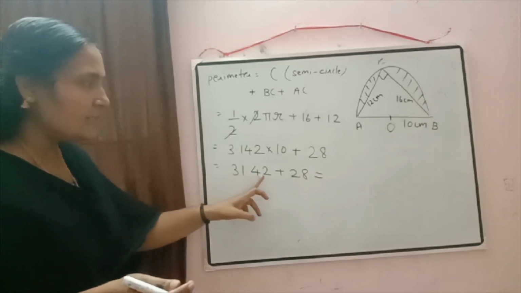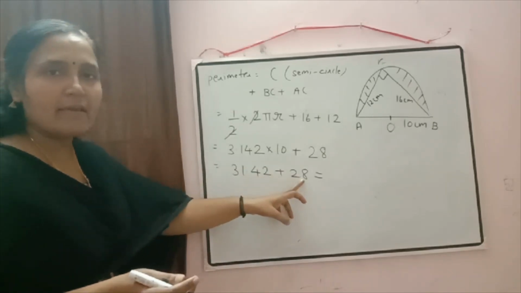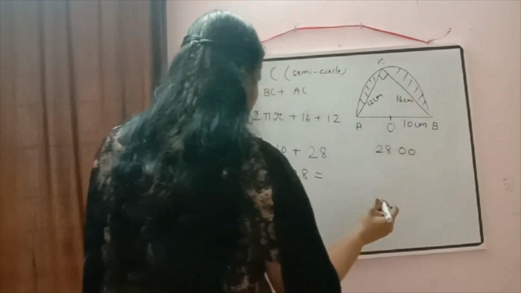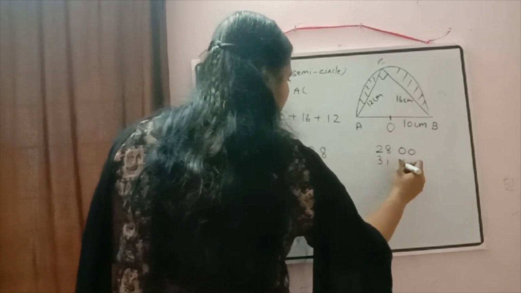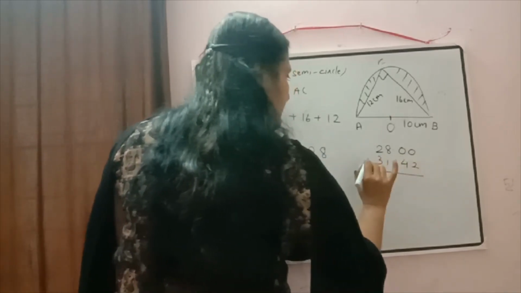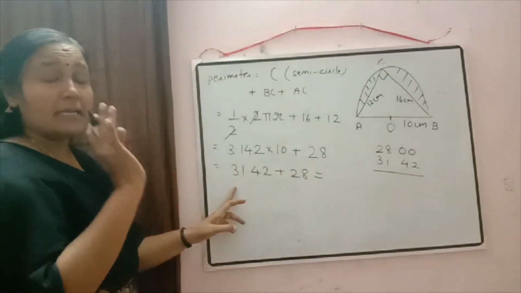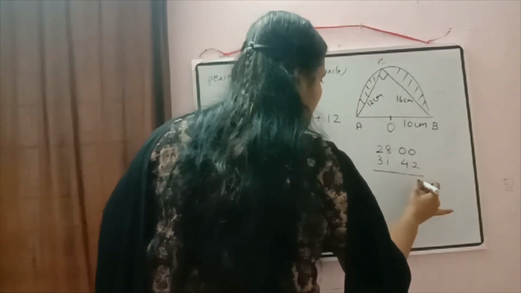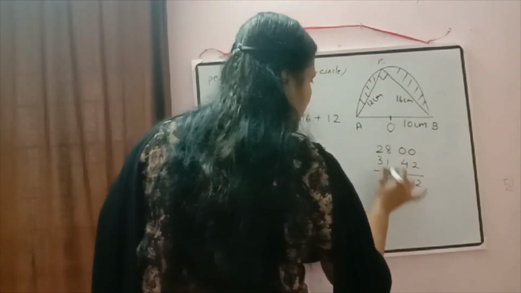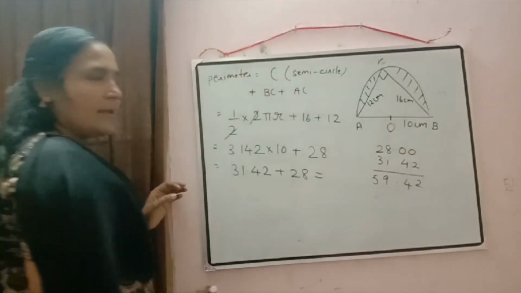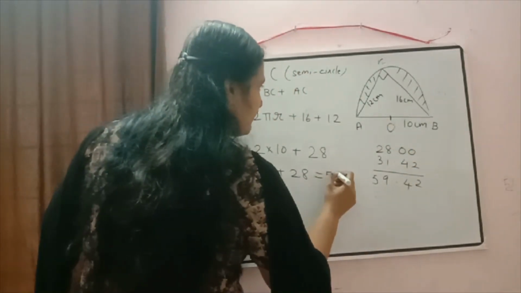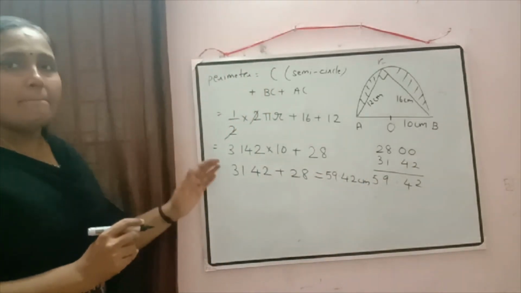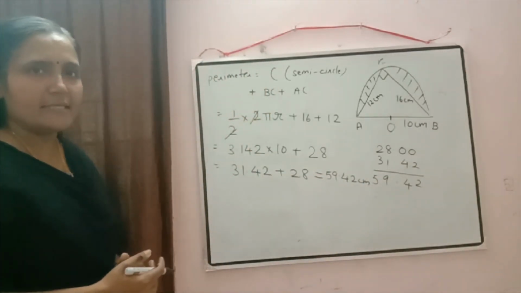Here the number of digits is 2, and here we don't have any decimal sign, so we rewrite 28.00 plus 31.42. In addition, if you don't write it, no problem. But in subtraction, it is a must, otherwise you will make a mistake. Then 8 plus 1, 9. 59.42. So 59.42 centimeters is the perimeter of the shaded region.